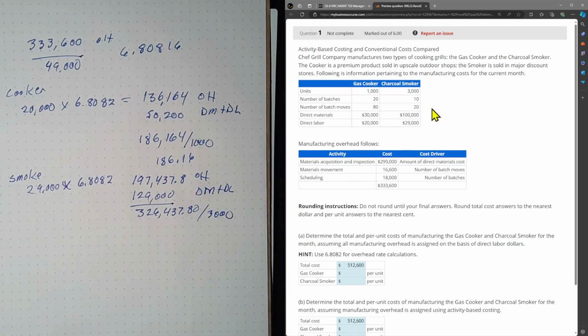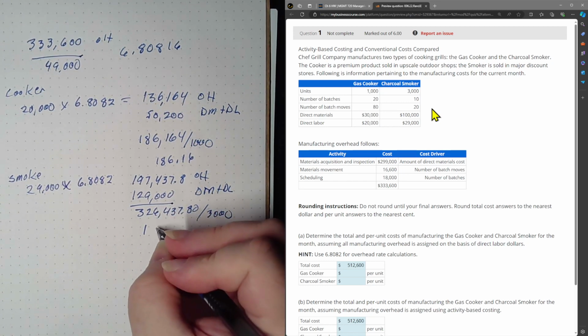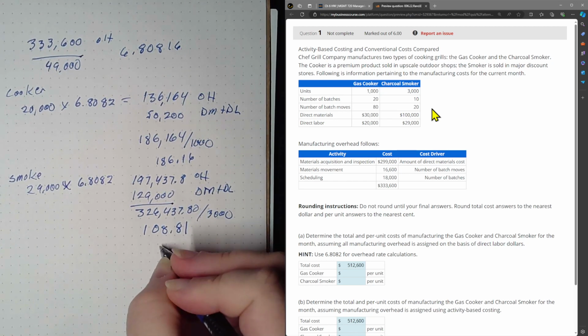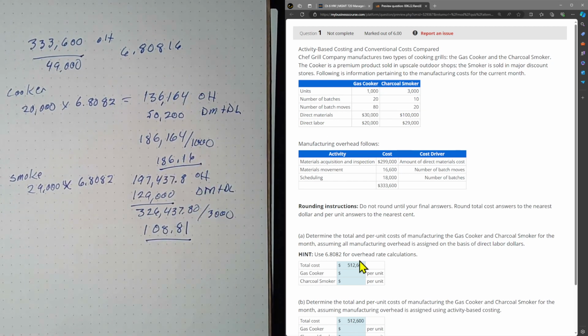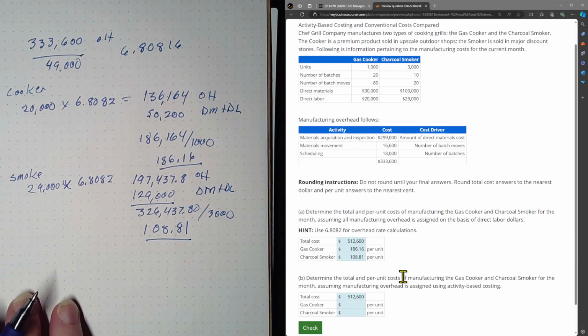So divide that by 3,000 equals 108.81, I guess. So those are my two numbers for that. Kind of odd numbers: 186.16 and 108.81. Okay, it's too bad we can't check it midway. Well, we'll figure out if our crazy numbers work.